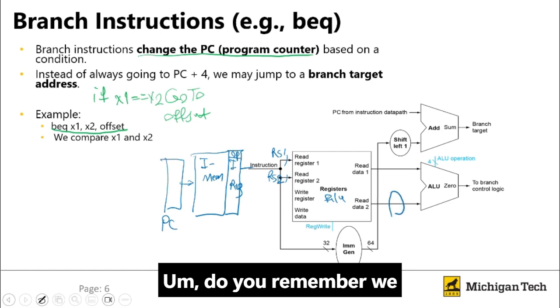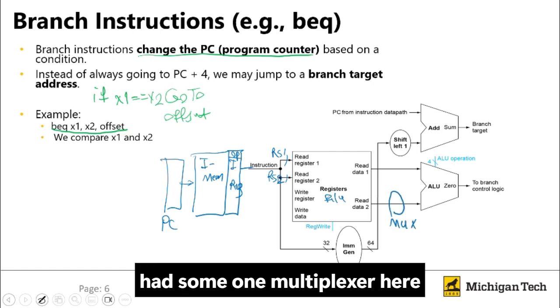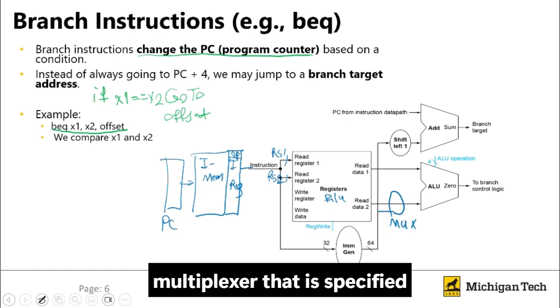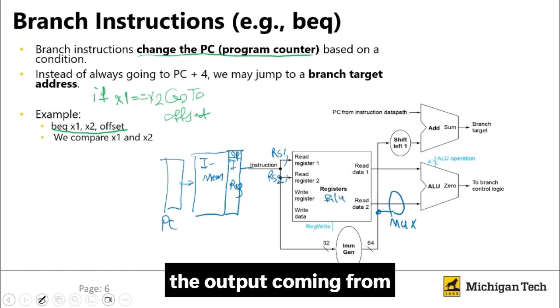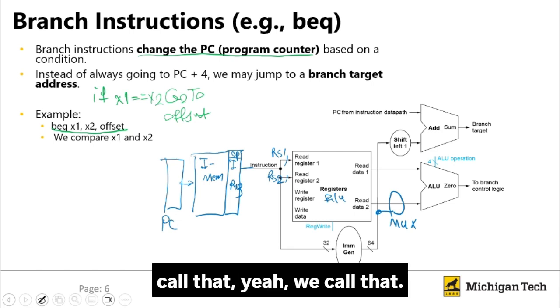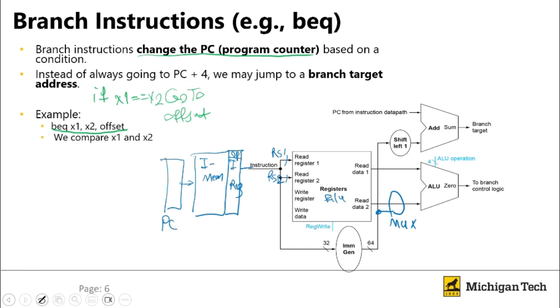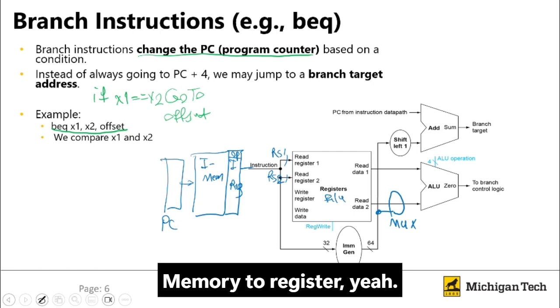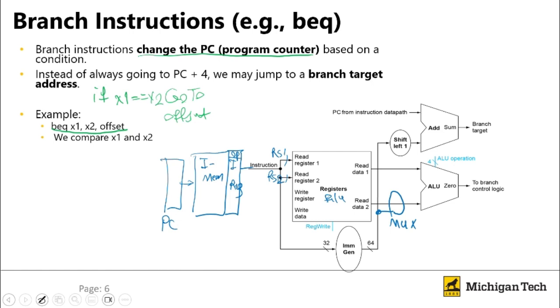Do you remember we had one multiplexer here that specified whether the output comes from an immediate value or from a register? What do we call that? Memory to register? Oh, not that, sorry.